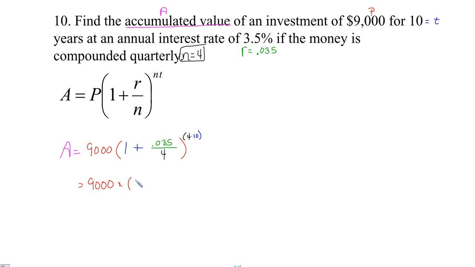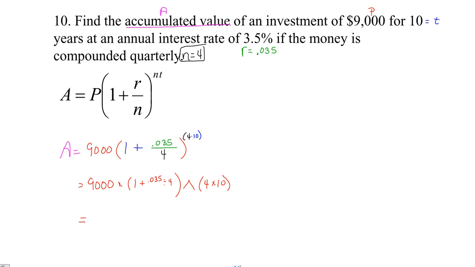You can literally type in 1 plus 0.035 divided by 4, close your parentheses, and then use either the y to the x or the caret button, open parentheses, and type in 4 times 10. You could do this as 40 if you wanted to.